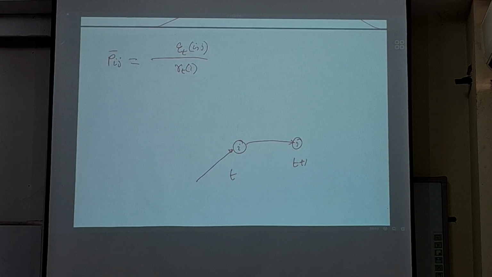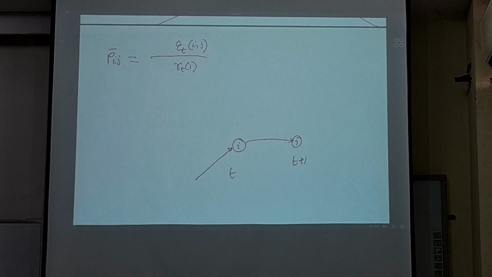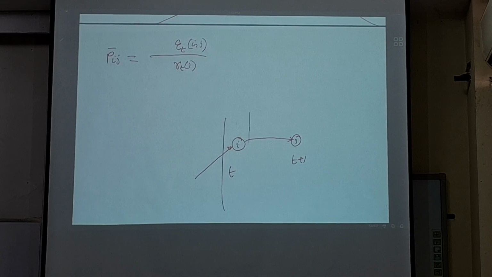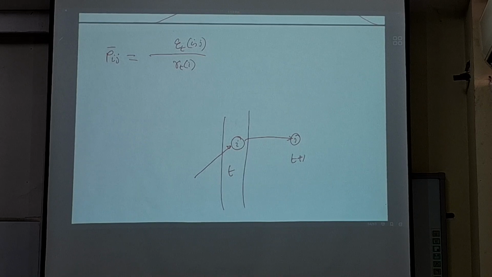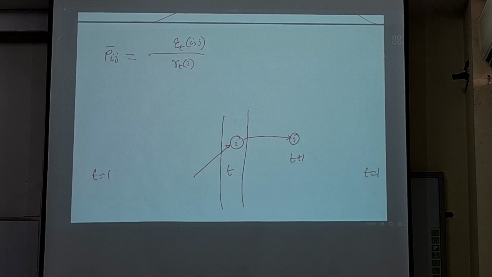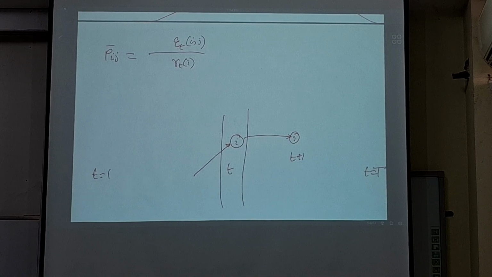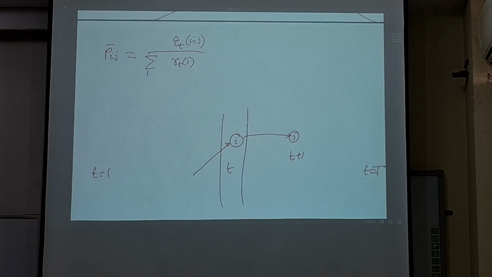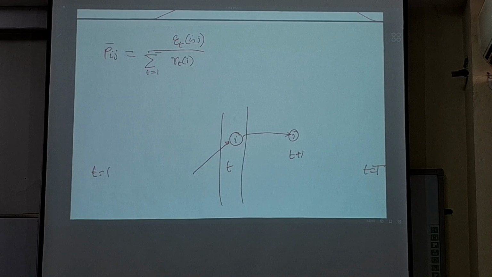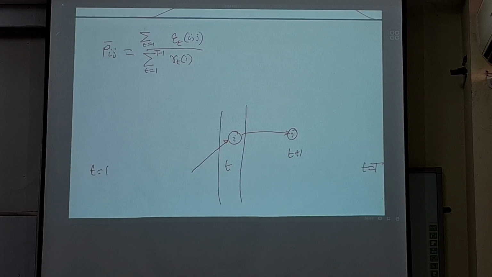There is a problem. What is the problem? This one is considering only t. But you started t equal to 1 to t equal to 2. To cover this, what we need? T equal to 1 to T minus 1, and T equal to 1 to T minus 1.